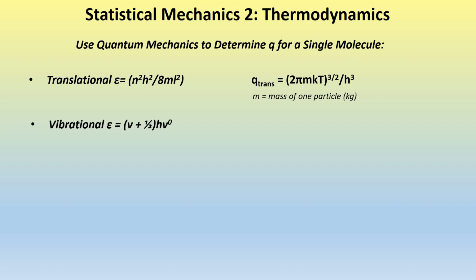The vibrational partition function, again by solving the differential previously shown, is 1 over 1 minus e to the minus h nu over kT. Rotational energy for a rigid rotor is j times j plus 1 times the rotational constant h over 8 pi squared times the moment of inertia times the speed of light.